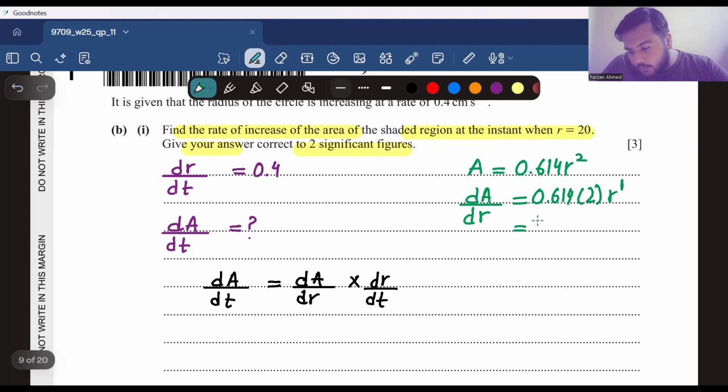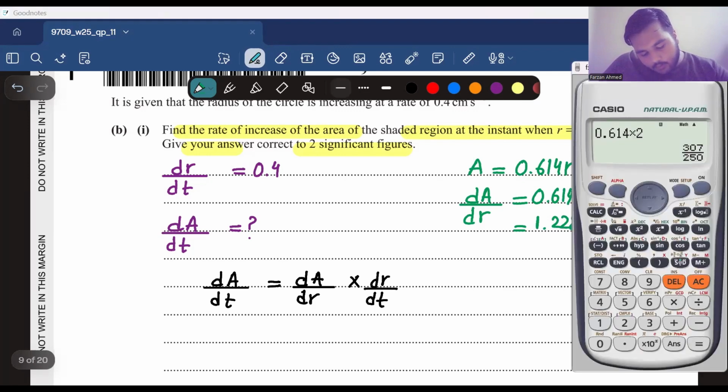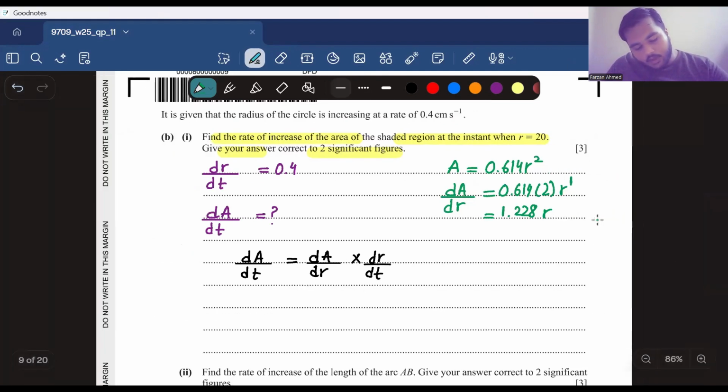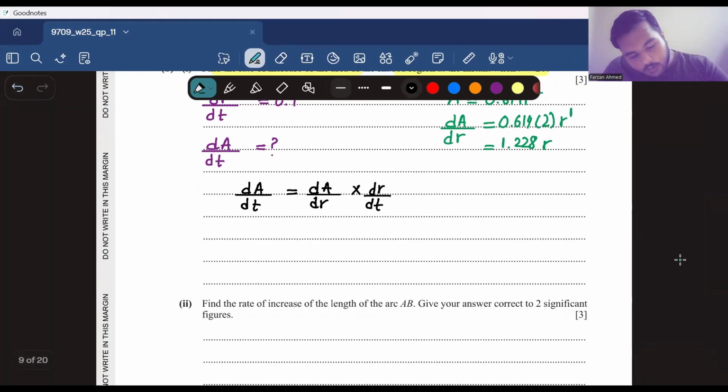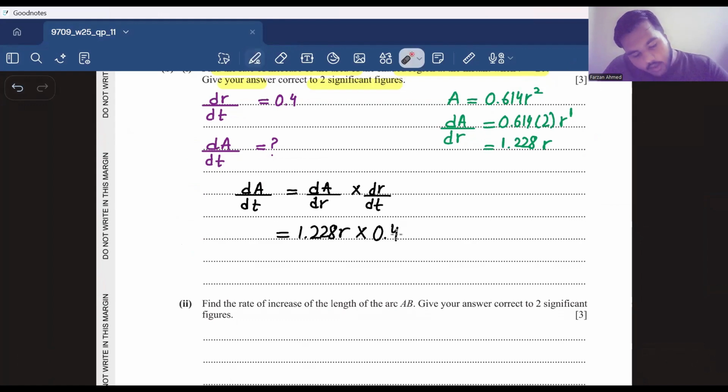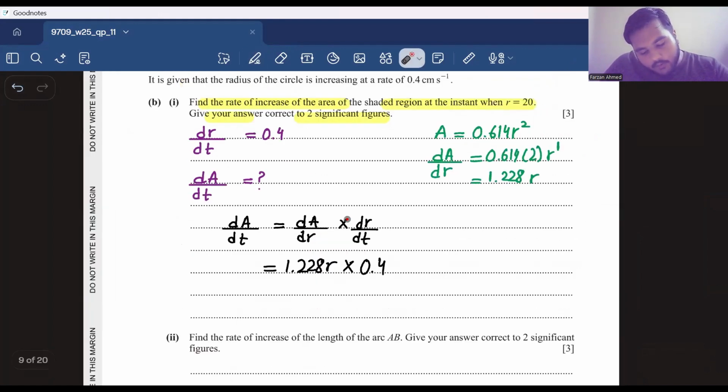So this will be 1.228 r. If I show in the calculator, 0.614 multiplied by 2 is 1.228 r. Now we will write 1.228 r multiplied by 0.4. In the question we have the value of r, which is 20.